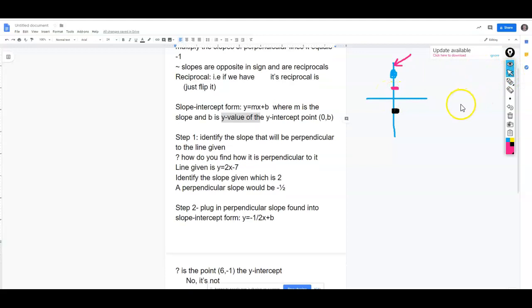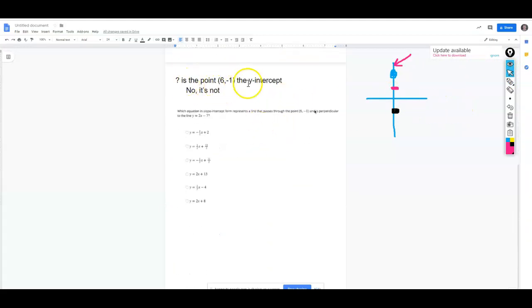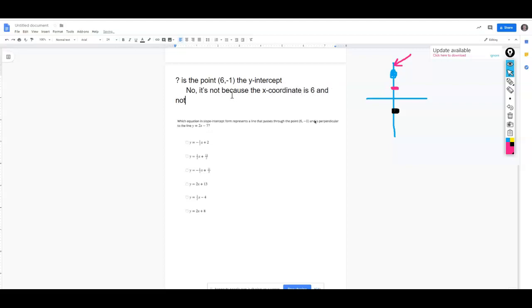Okay. So when we come down here and we check to see if it's the y-intercept, see how this has an x-coordinate of 6? So it's not the y-intercept because the x-coordinate is 6 and not 0.